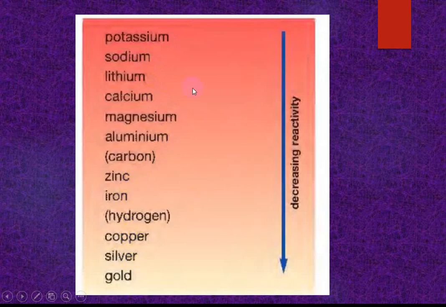Look, group 1 metals are most reactive: potassium, sodium, lithium. Then group 2 elements, calcium, magnesium. Then group 3 element, aluminum. Then zinc, iron are transition metals. And then copper, silver, gold. So I have given you a clue about which are the most reactive elements.